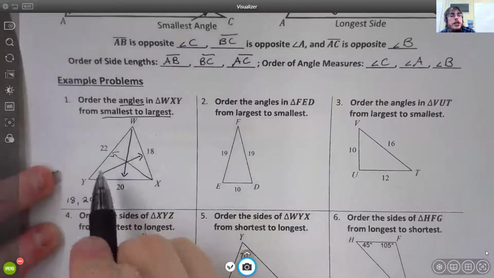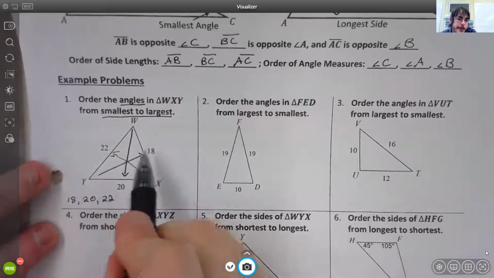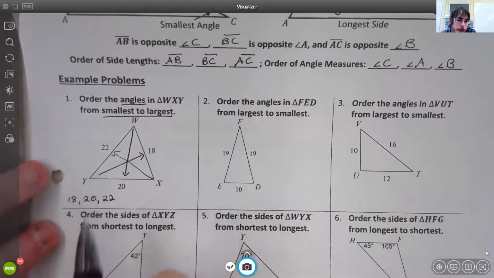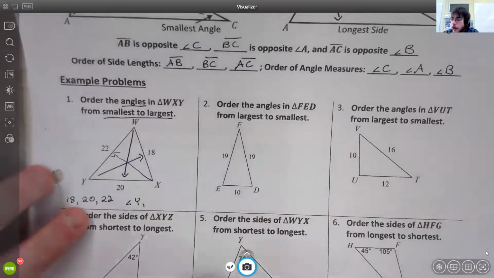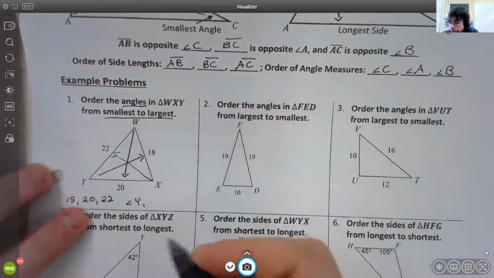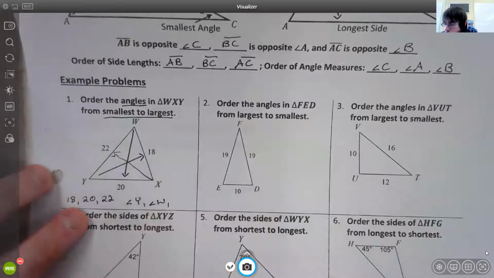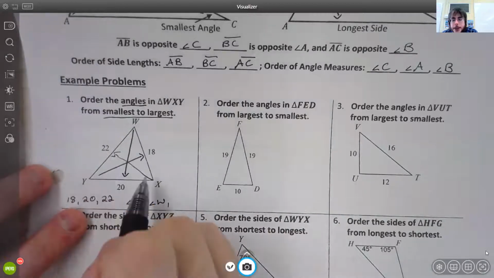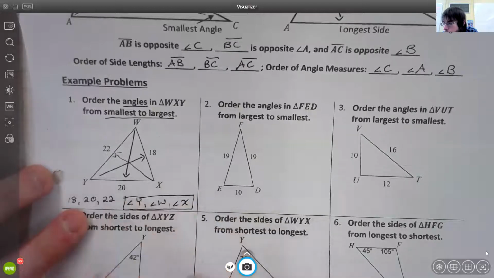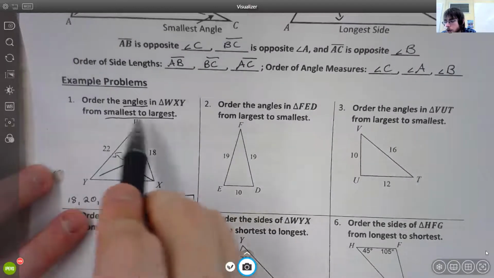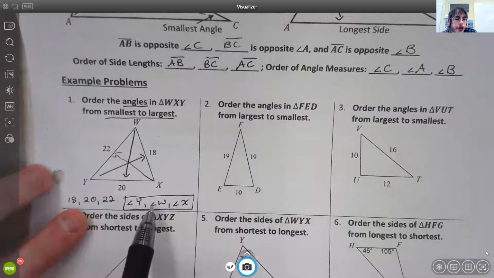Which angle points to 18? Well, Y points to 18, so angle Y has to go first. Angle 20 has W pointing at it. And then 22 has angle X pointing at it. So our order of the angles from least to greatest, smallest to largest, is angle Y, angle W, angle X.